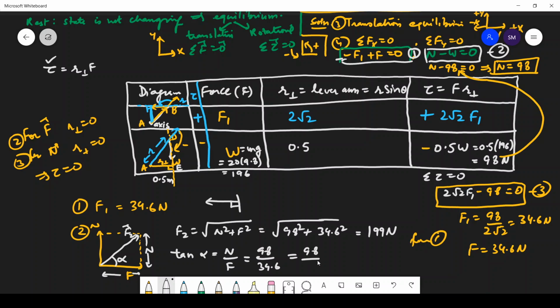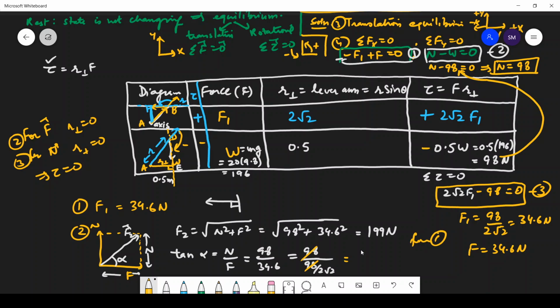The value of N is 98 and the value of F is 34.6, so that is 98 upon 2 root 2. So 98 will cancel out, and this is N by F.